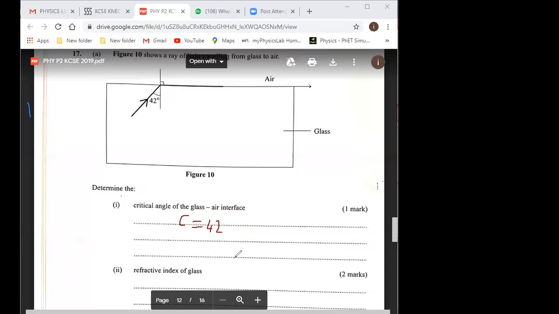We are using the formula N, or refractive index, is equal to 1 over sine C, where C is the critical angle. So this is going to be 1 over sine of 42.